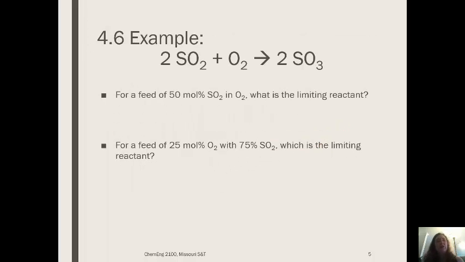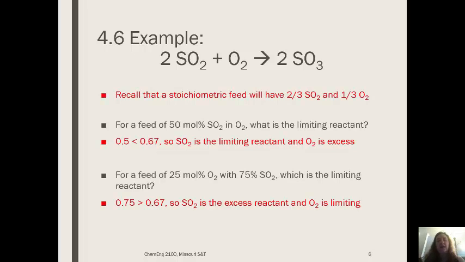So for instance, let's look back at this little chemical reaction. SO2 plus O2 makes SO3. If we have a feed of 50% SO2 and O2, we want to know what's the limiting reactant there. Or if we change it to where we have 25% oxygen and 75% SO2, what is the limiting reactant? So we want to recall that the stoichiometric feed was 2/3 SO2 and 1/3 O2.